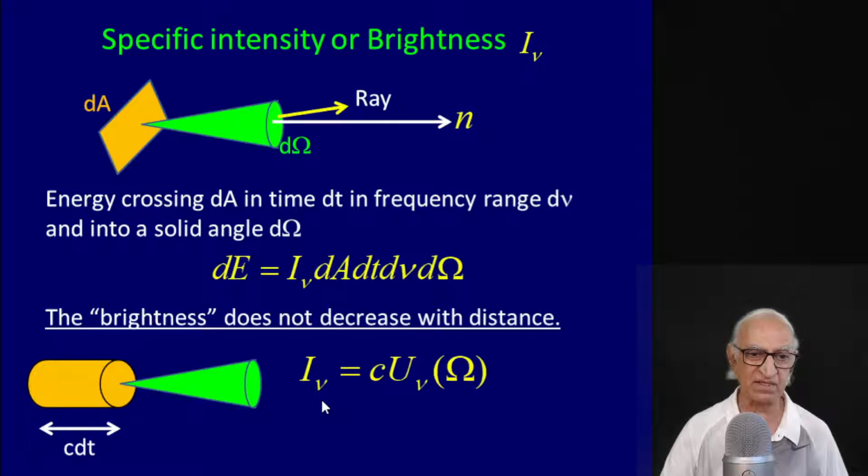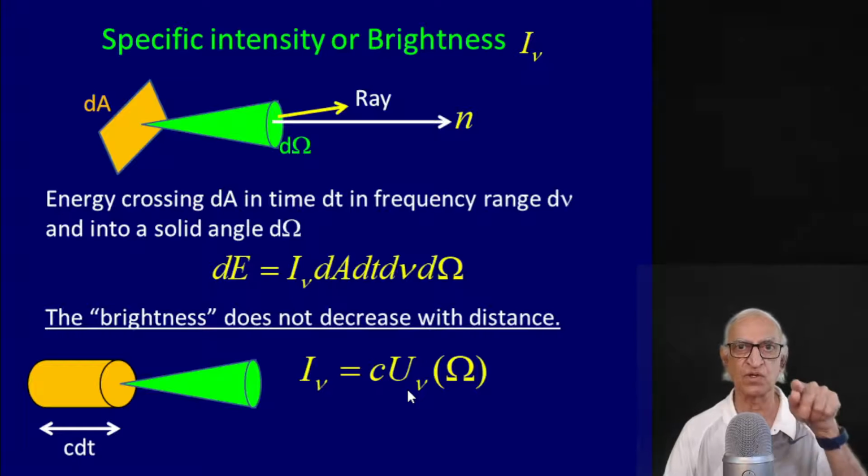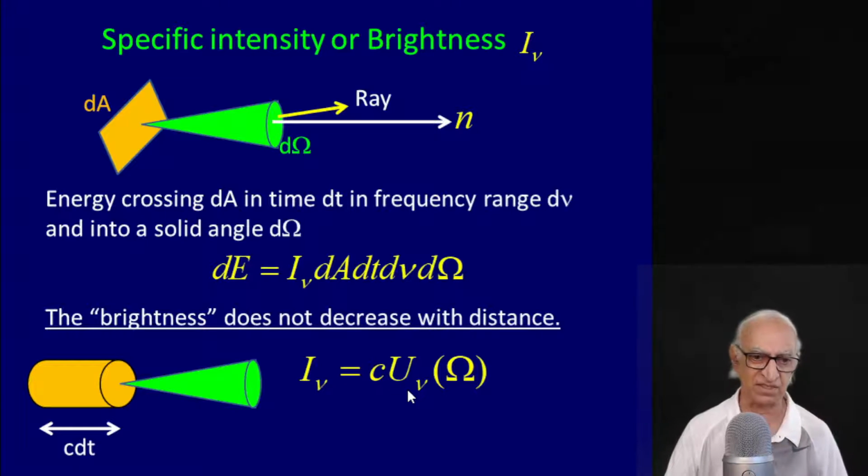Therefore, one can define a relation between the specific intensity I nu, which, if you remember, is the energy going into this cone, and the energy density U nu of the radiation or the photons going in this particular direction. And the relation is the specific intensity is equal to the speed of light multiplied by the energy density of the photons going in that particular direction and into that solid angle d omega.